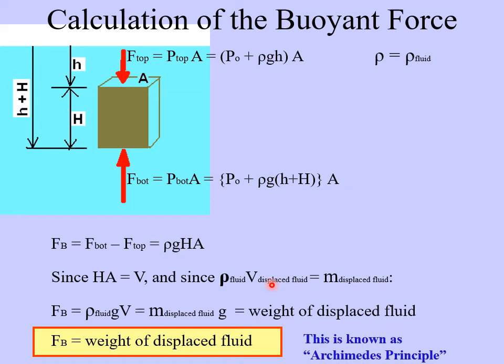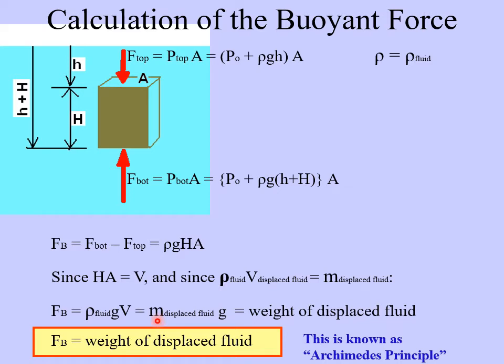So we can substitute this into this equation here. So we have rho, the density of the fluid, times the volume V, is equal to the mass of the displaced fluid. So this simplifies things quite a bit. We can replace the rho and the V with m, the mass of the displaced fluid, times g.